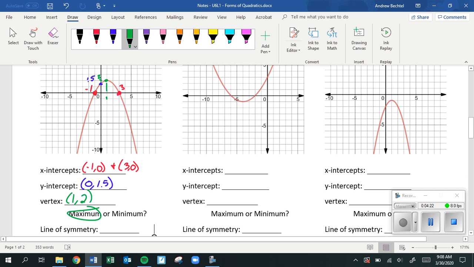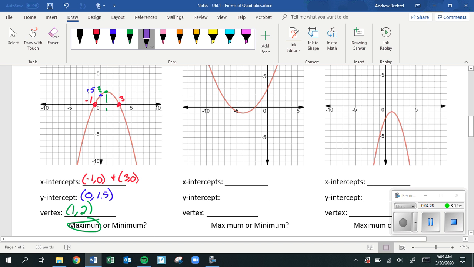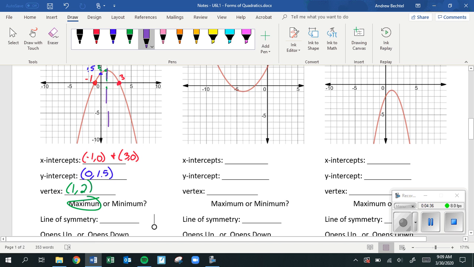The line of symmetry. The line of symmetry is going to go through our vertex. I'm going to draw the line of symmetry here in purple. It is a vertical line that goes through the vertex. It's always going to share the x coordinate. So this line of symmetry is x equals 1. We get that from the vertex's x coordinate.